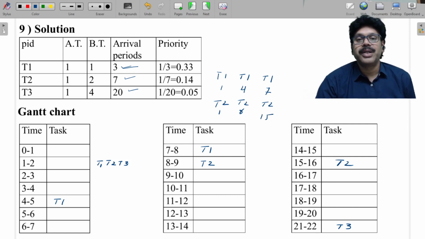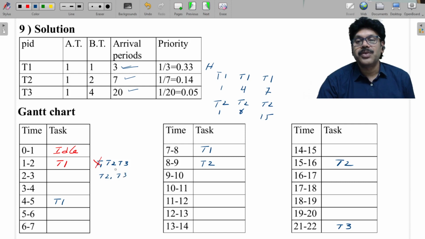Among T1, T2 and T3, which has the highest priority? The highest number gets the highest priority. So T1 executes, which I am marking in red. The CPU is idle during this time. T1 is removed and the queue consists of T2 and T3.